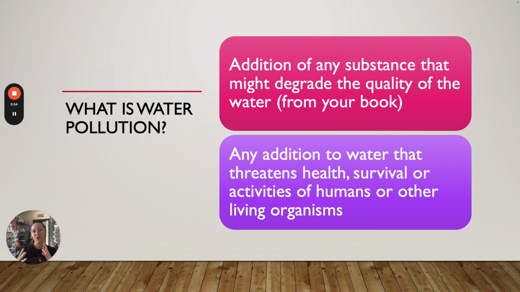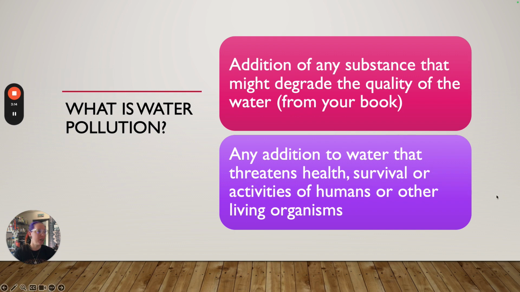I think the first definition just talks about water in general, not necessarily how we can then use or consume that water. That's why I like the second definition a little bit better, because it weaves in this idea that we indeed have to consume it.